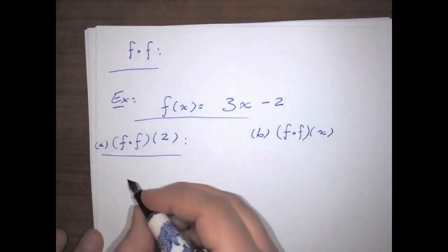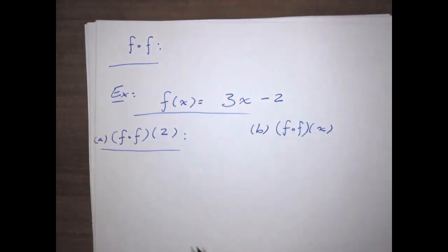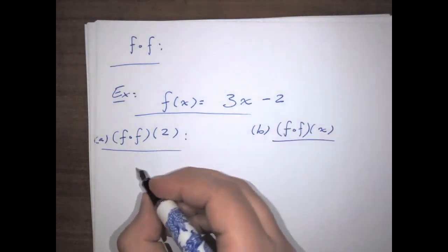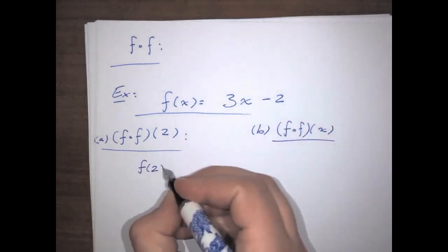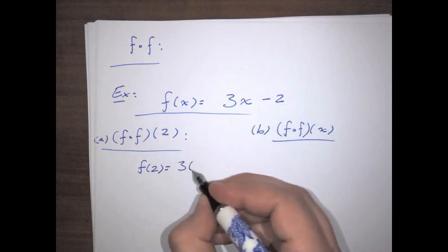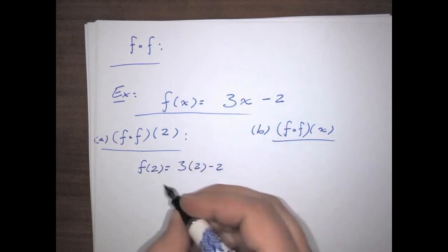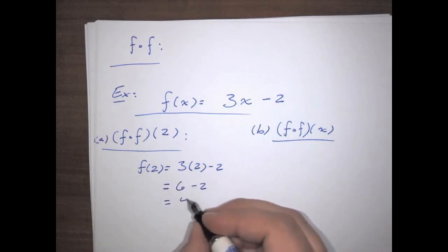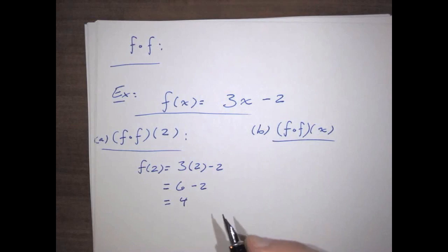All right. Well, here what we do is the same as what we would do if it was f of g of x. Just the inside function and the outside function are in this case the same function. So you would just start by saying, well, first, what's f of 2? Well, that's 3 times 2 minus 2. So in other words, it's going to be 6 minus 2, which is in other words 4. All right.